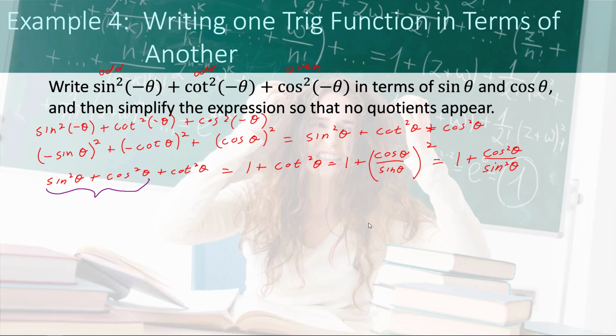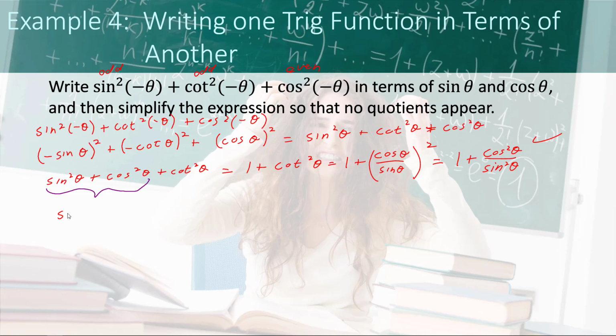Okay, now remember, we have now written this in terms of sine and cosine. Of course we did it back here, but this is probably a cleaner version. Now we need to simplify this so that we have no more quotients. The first thing we might want to do is give ourselves a common denominator. We can do that by writing this as sine squared over sine squared.